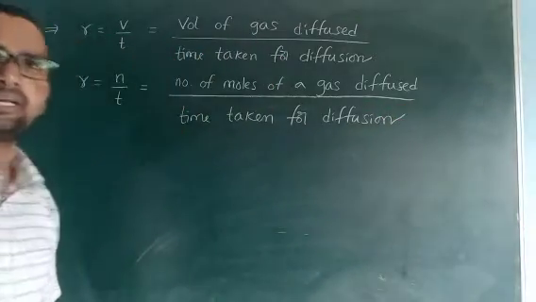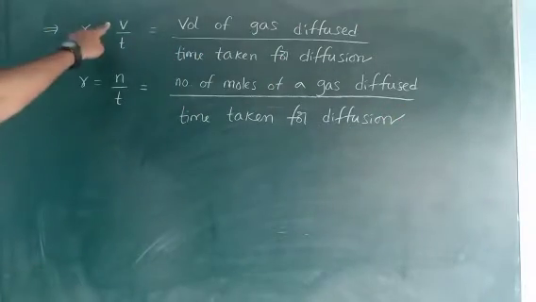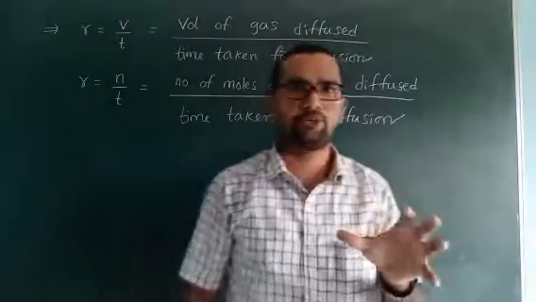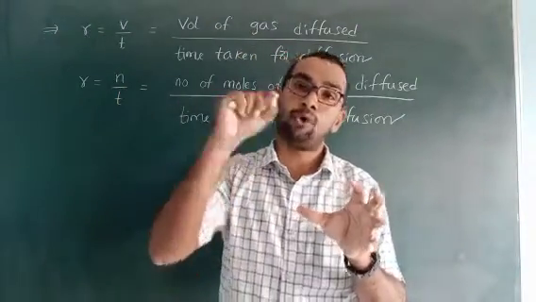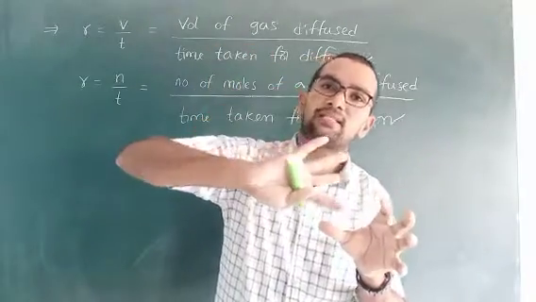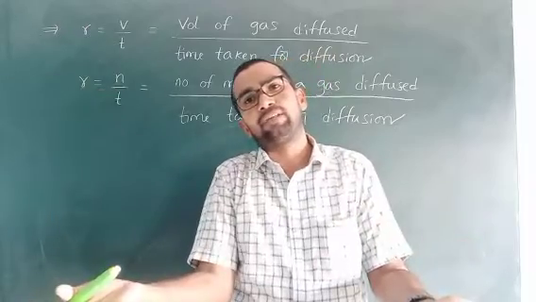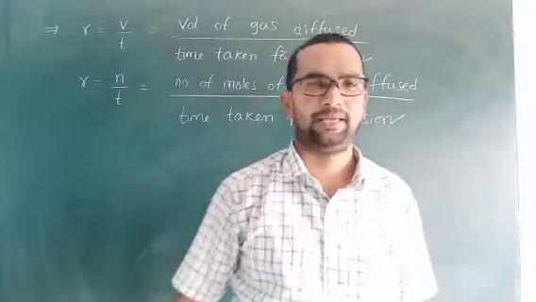Here we are using the volume term, here we are using the number of moles term. So from a small aperture, how many moles of gas escaped, and how much time is taken for escaping?